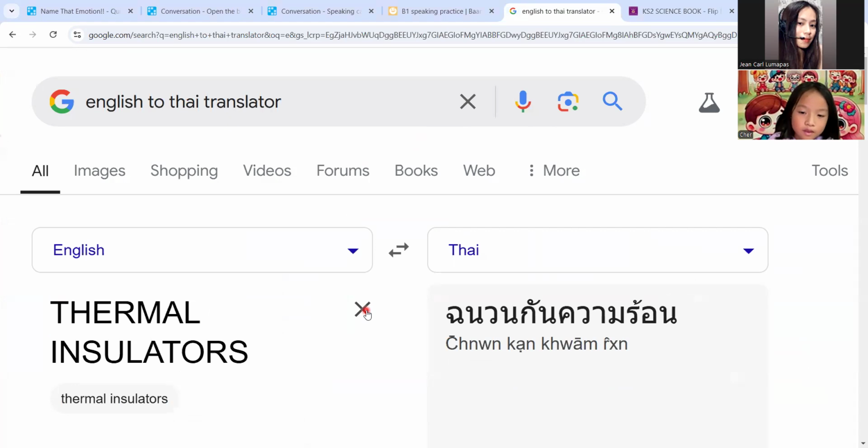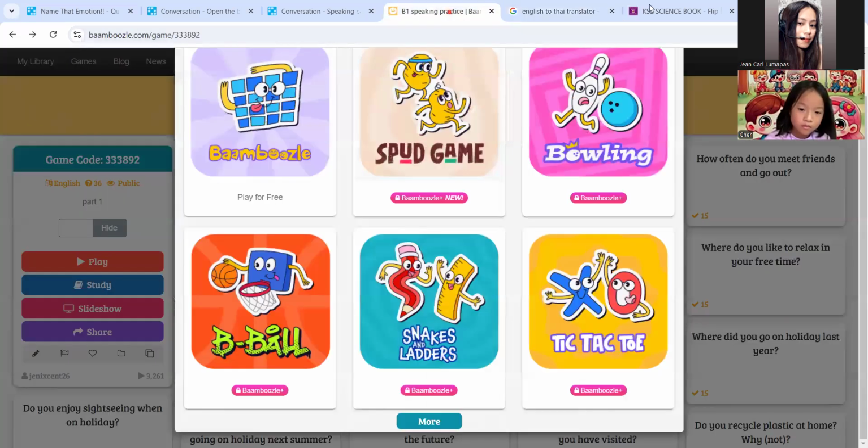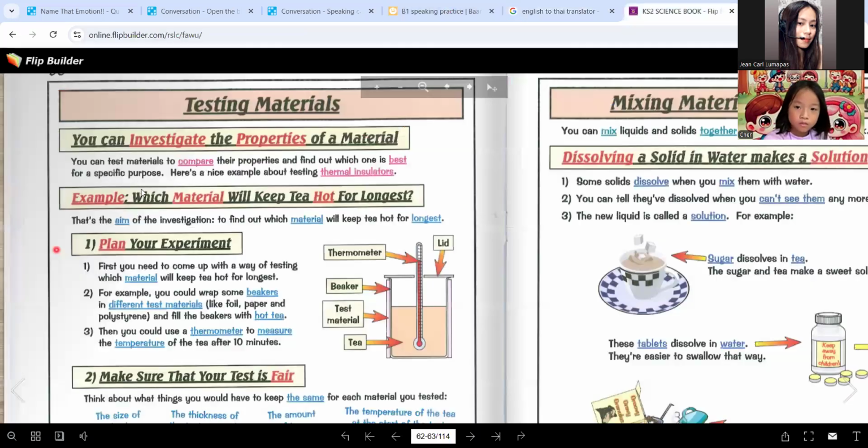Oh, wow. Okay. Now let's go to the next one. We have now the investigation. We can test which material is best for a specific purpose.